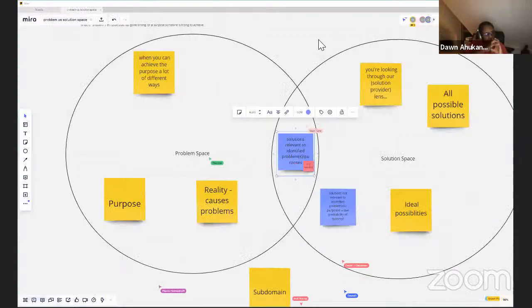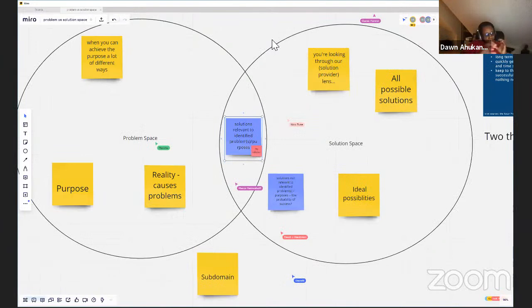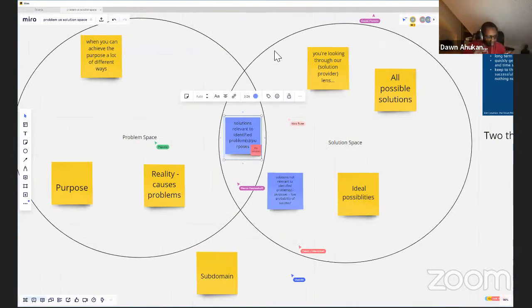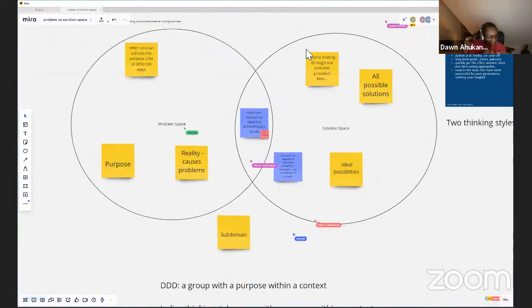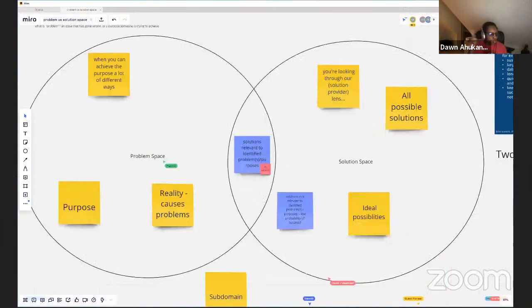I put a post-it in that Venn diagram. There's a blue one, and then there's a red one right on top of it. And the problem is that this diagram is three-dimensional. I think that the subdomain is a small core that identifies and aggregates the problems that you are addressing, which is part of a bigger problem space, which you may be sharing with other competitors, or you just completely ignore.